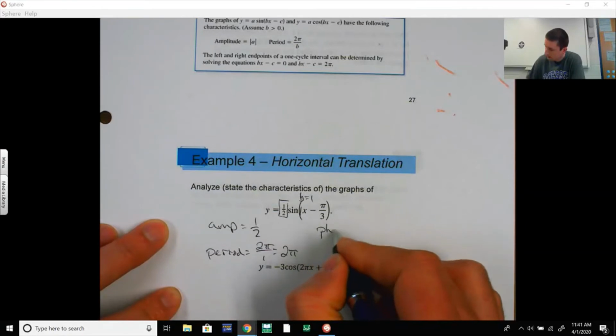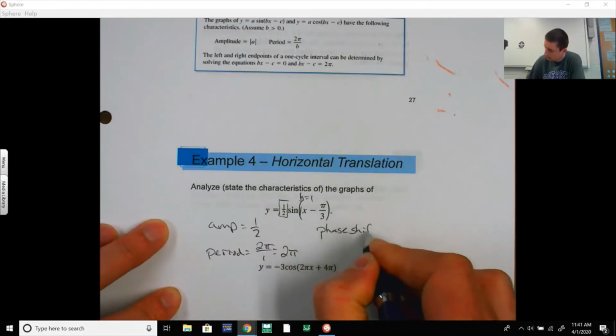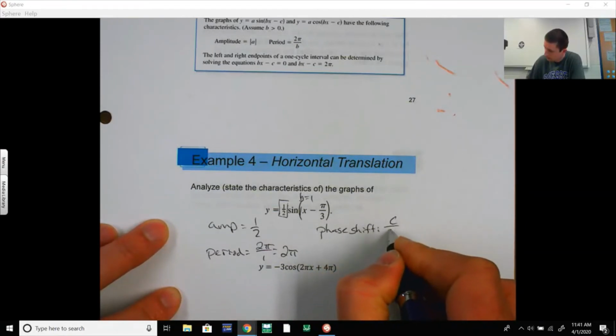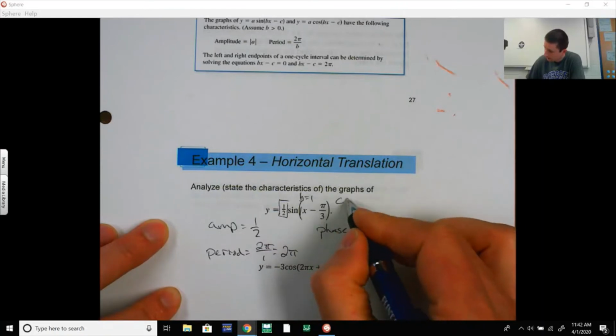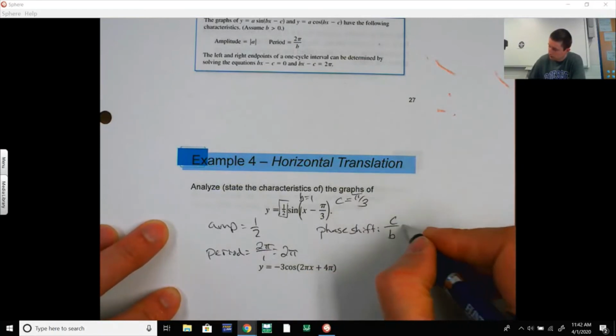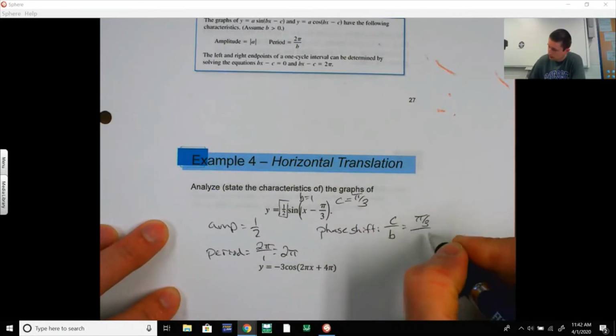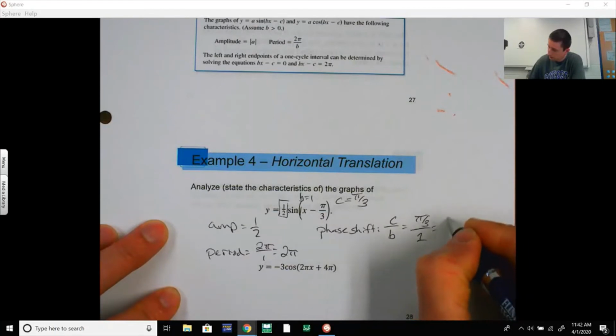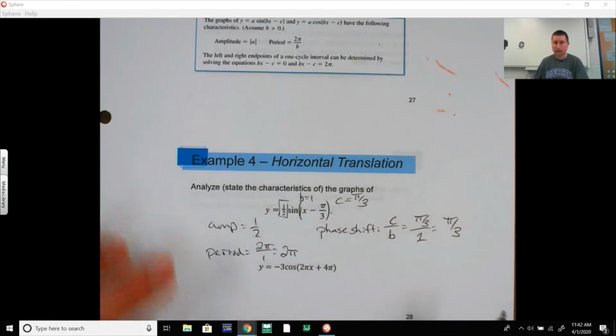And you have a phase shift that is C over B. In this case, C is pi over 3. It's not negative pi over 3, it's positive pi over 3. So this would be pi over 3 over 1, which is just pi over 3, which means your entire sine graph has been shifted pi over 3 units to the right.